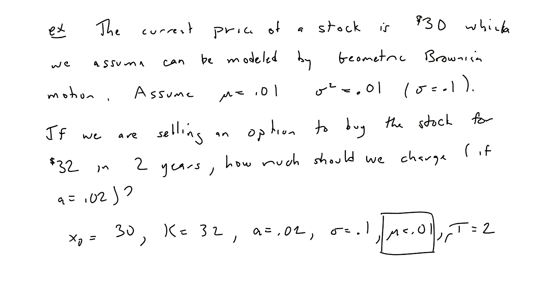So the drift parameter, even though it's part of what we use to get the stock price, isn't included in the solution. So I include it, but we don't really need it. This is what we're trying to do, and pretty much with our solution, we're just plugging in.